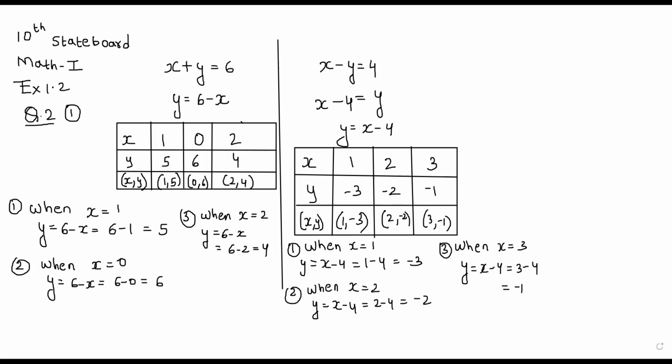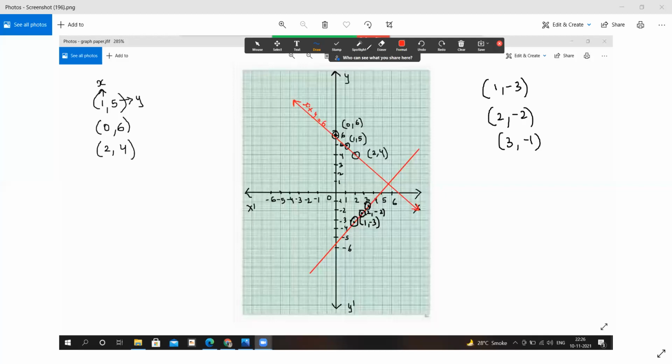Now let's go to the graph paper and plot the points. So these are the coordinates for the second equation that we got: 1, minus 3, 2, minus 2, 3, minus 1. So accordingly, we have marked here 1, minus 3, which is 1 below 1 and beside minus 3; 2 comma minus 2, below 2 and beside minus 2; 3 comma minus 1, below 3 and beside minus 1.